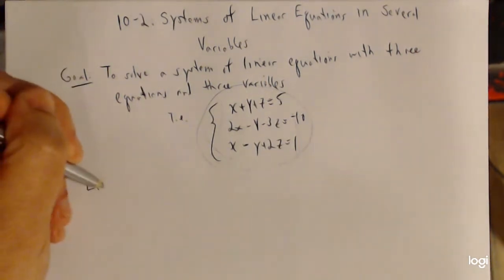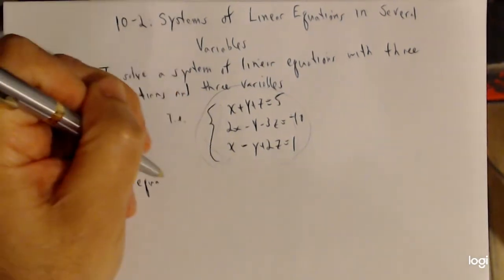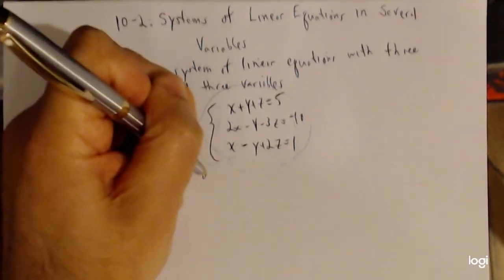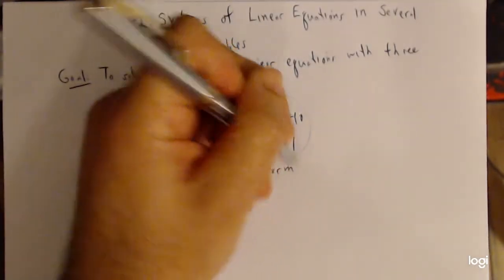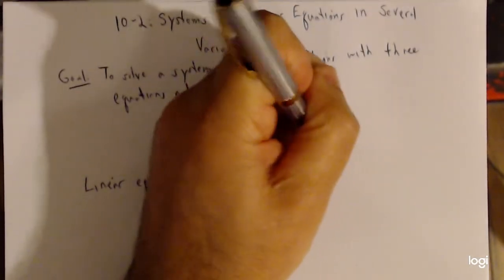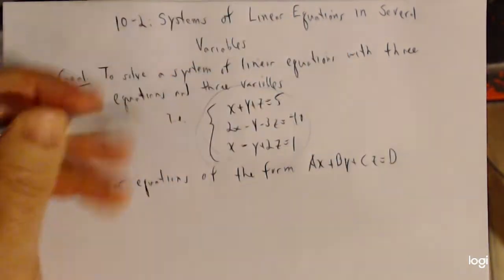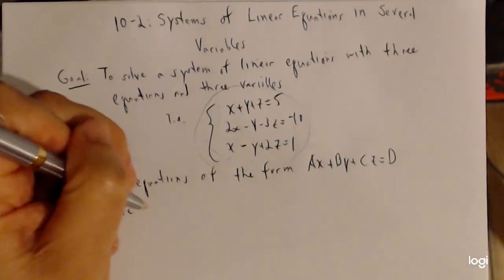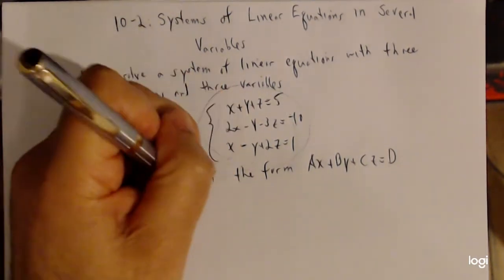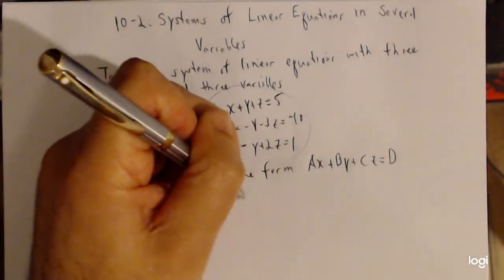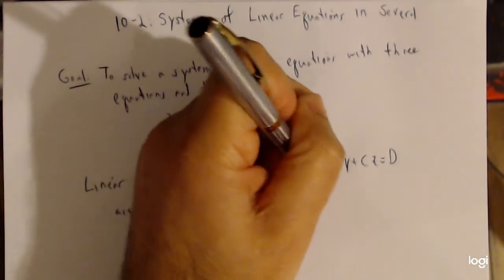So we know that linear equations of the form ax plus by plus cz equals d are visually represented as planes.